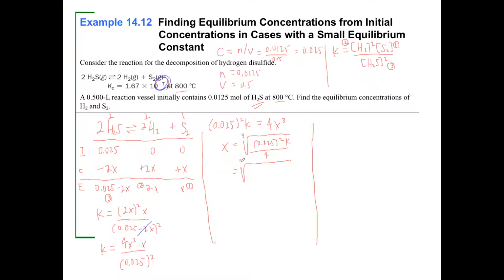The cube root, watch this now, be patient, 0.025 squared times k. What was k? 1.67 times 10 to the minus 7 divided by 4.